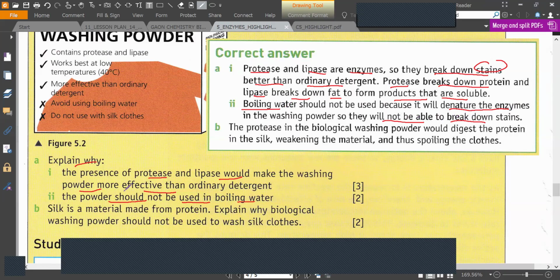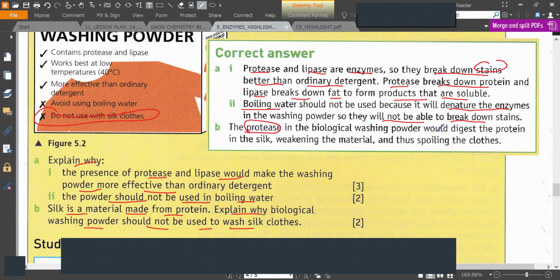Okay. Next. Silk is a material made from protein. Explain why biological washing powder should not be used to wash silk. Okay, so we see here, do not use with silk clothes. Why? Because this washing powder has protease.